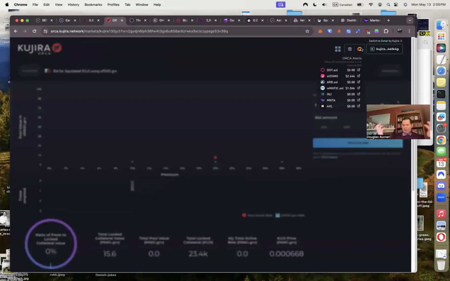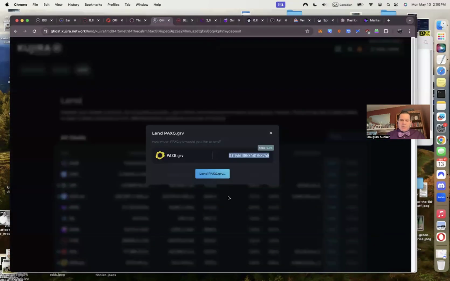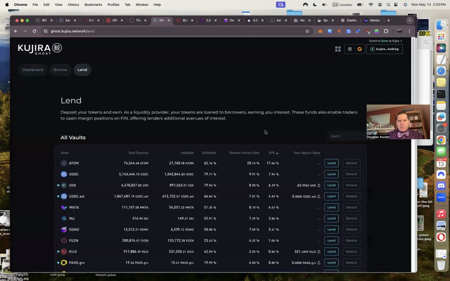Now, if it gets liquidated, great, I make money in the liquidation differential between the market price of the Kuji versus the price that I bought it at liquidation. If it doesn't get liquidated, great, I'm still earning interest on the gold that I got.